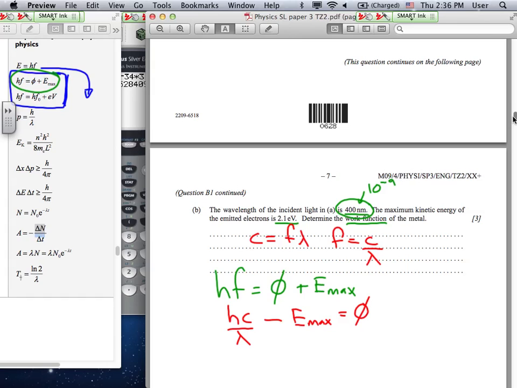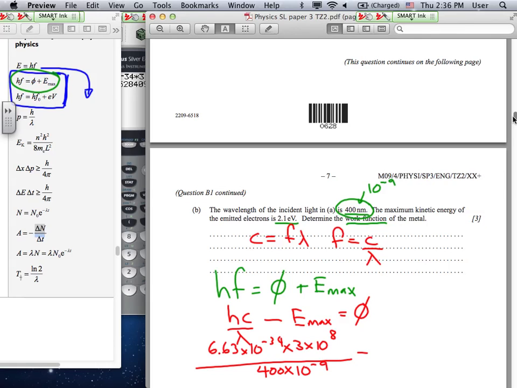And so we just need to put that all in. So we're going to get h at 6.63 times 10 to the negative 34 times the speed of light, which is 3 times 10 to the 8, divided by your wavelength, which is 400 times 10 to the negative 9.